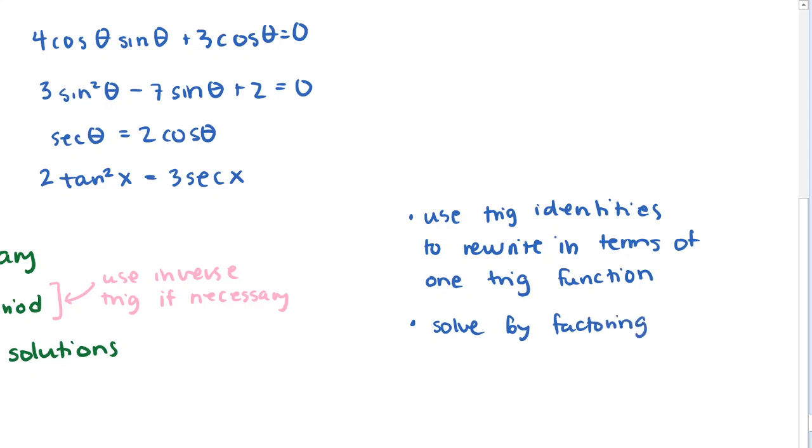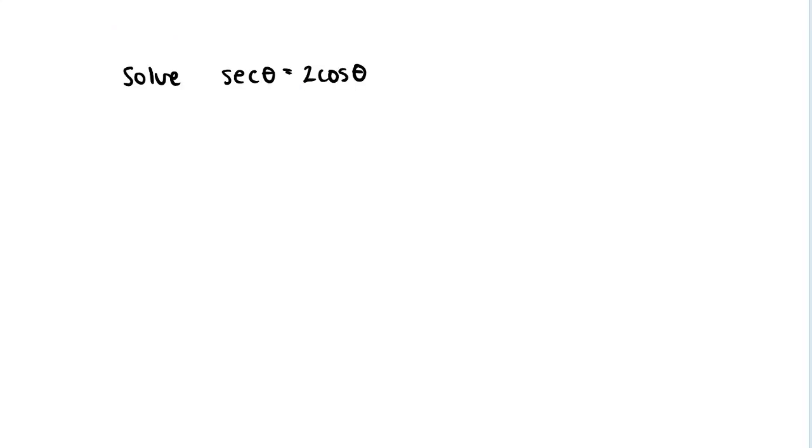It might also be the case that you can solve using the quadratic formula or using square roots, but I think typically for the examples I'll give you, factoring might be sufficient. So let's solve this trigonometric equation. Secant of theta is equal to 2 times cosine of theta. One thing I notice right away is that secant of theta is the reciprocal trigonometric function to cosine of theta.